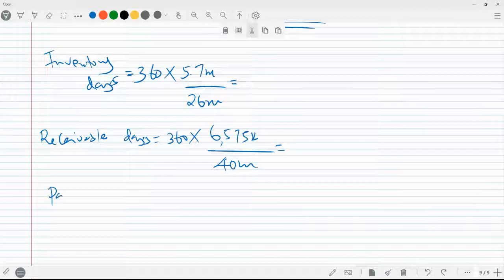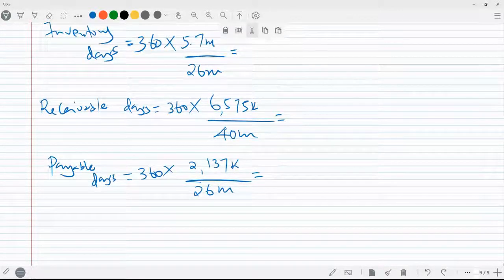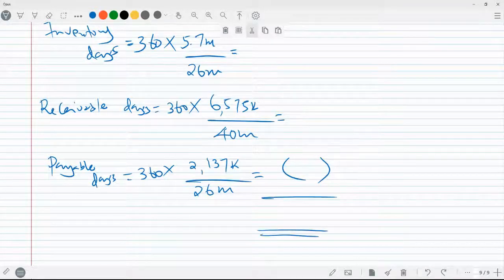The days for payables: the 360, we multiply by the amount we owe suppliers at a point in time, 2,137,000. We divide by the cost of sale, which in this case is equal to 26 million. Therefore, don't forget we less the payables days, and that gives the cash conversion cycle, which is how much?